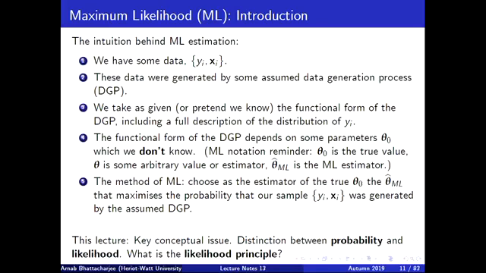Now we can write down the probability of the data if theta 1 were our true parameters and if theta 2 were our true parameters, and ask which one is larger. That's a natural thing to ask. Why can we ask this question? Because we know the data generating process fully. So that is a natural question to ask.